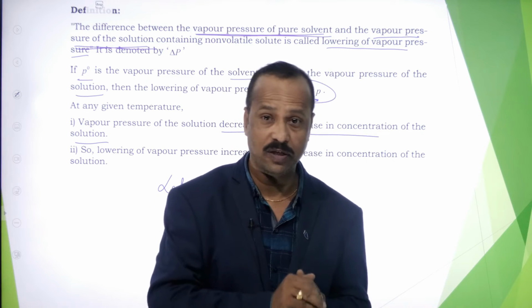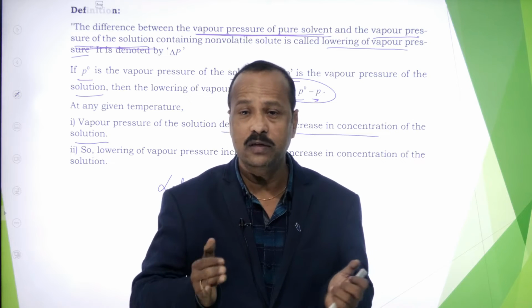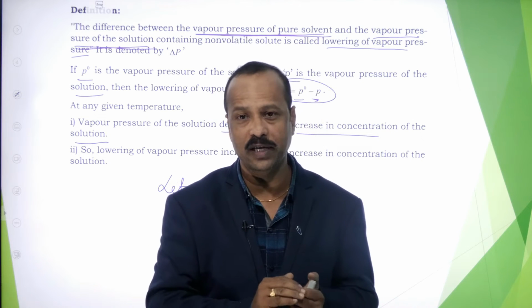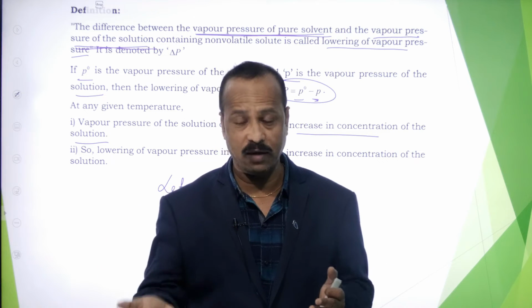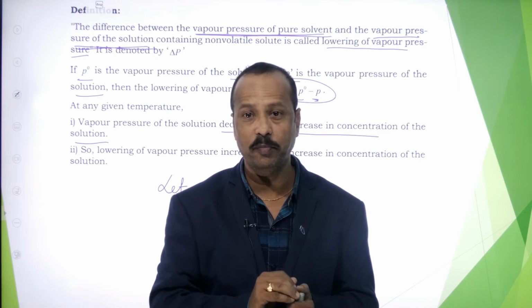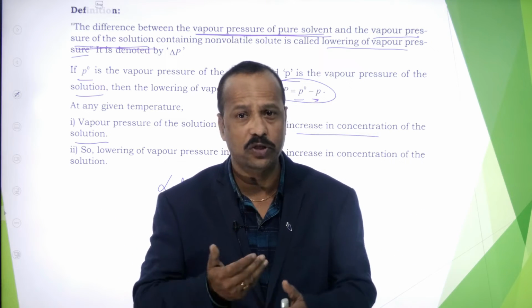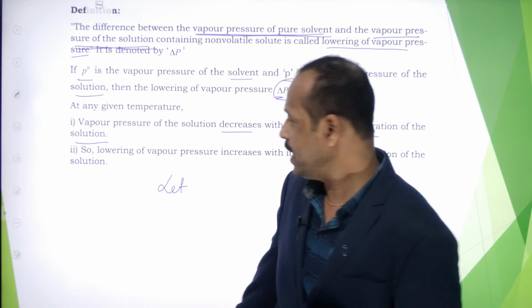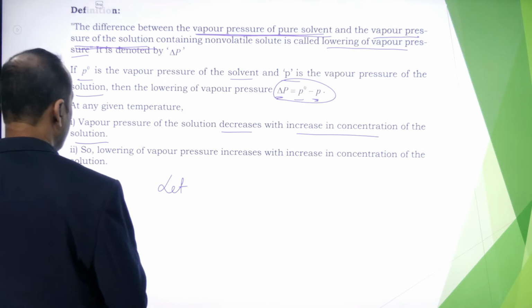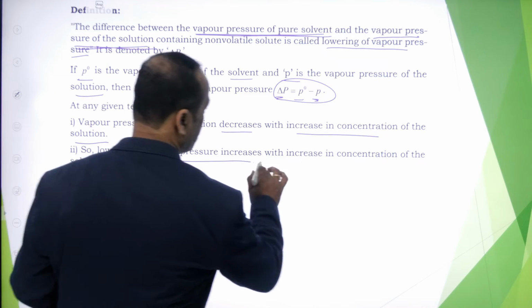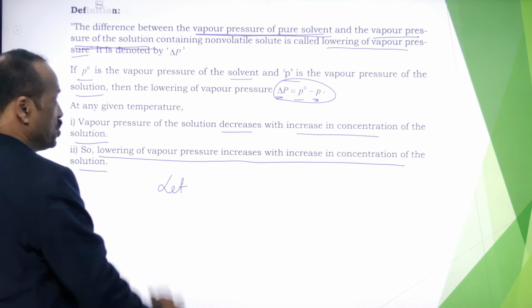If you add 20 grams of salt, the salt occupies more space, and the vapor pressure of the liquid still decreases. At 30 grams, it decreases again. This means that as the concentration of the solution increases, the vapor pressure decreases. So the lowering of vapor pressure increases with an increase in the concentration of the solution.